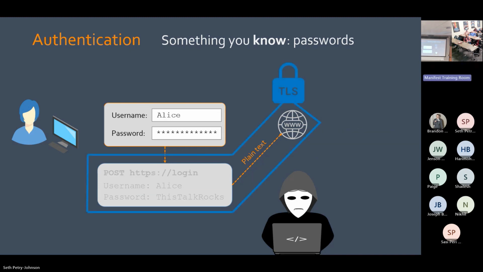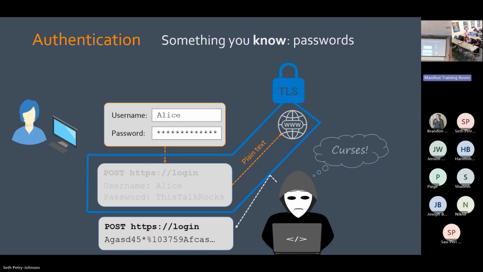But if you use TLS, then the network connection is encrypted. So all that traffic over the wire is encrypted, and anyone eavesdropping on that connection will not be able to steal her credentials while they're in transit. So TLS provides security in transit because the sensitive information is secured over the wire.